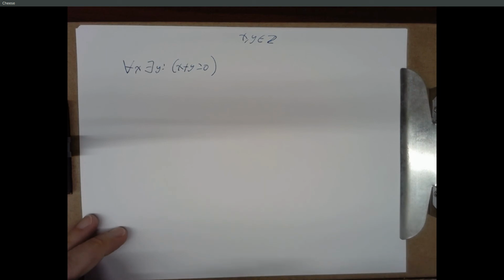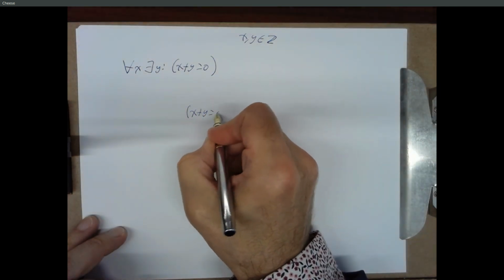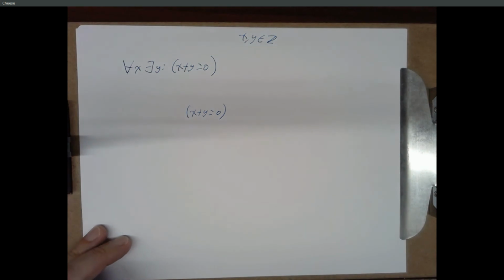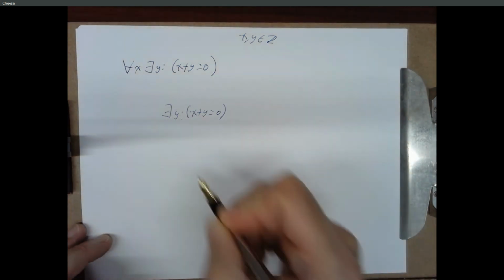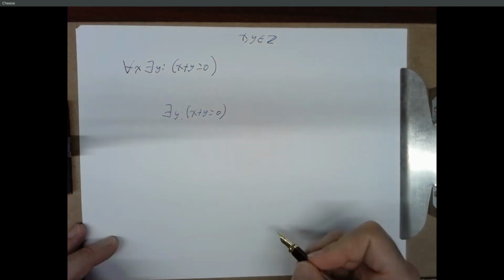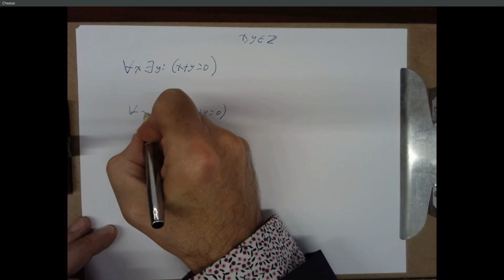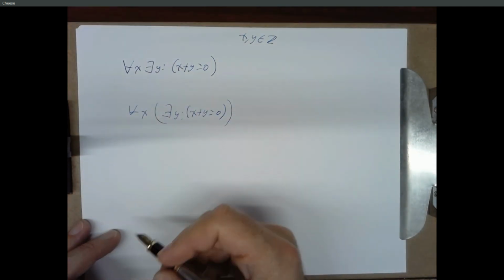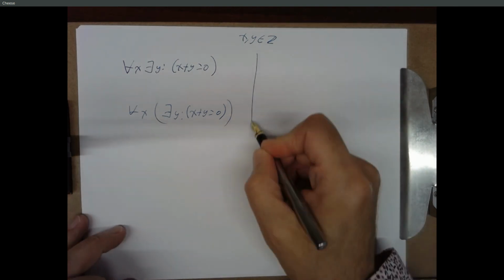Okay, well, one way to think about this is, this is a proposition, right? This is also a proposition. And we can say for all x any proposition that we want. So this is also a proposition. So this may help or hurt. If it hurts, ignore it.